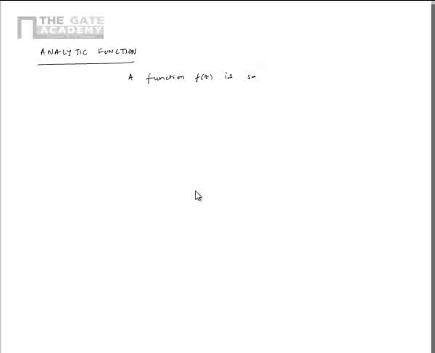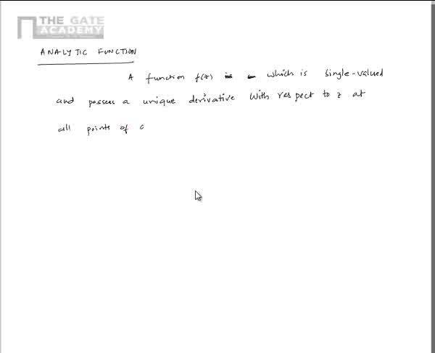A function f of z which is single valued and possesses a unique derivative with respect to z at all points of a region R, then that function is called an analytic function of z in that region.